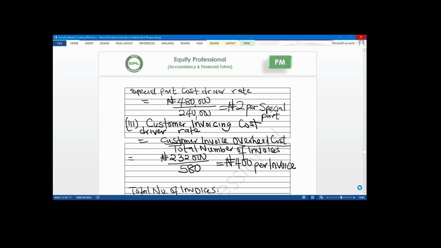We now calculated the number of setups. That was used for activity 1. Now for activity 4, examiner says the cost driver is number of batches. So how many batches do we have for standard? 12 batches. How many batches do we have for deluxe? 240 batches. Is that clear, Alexia?